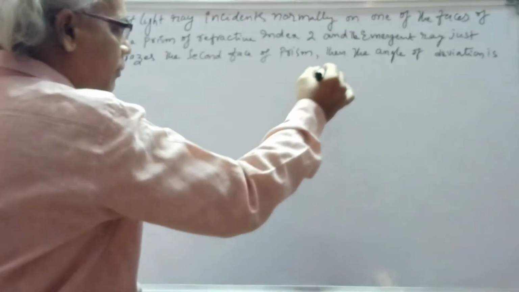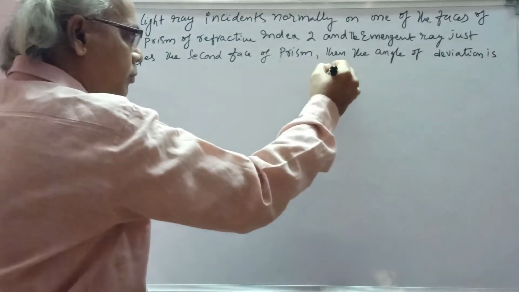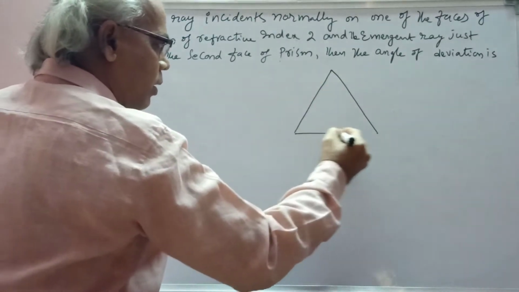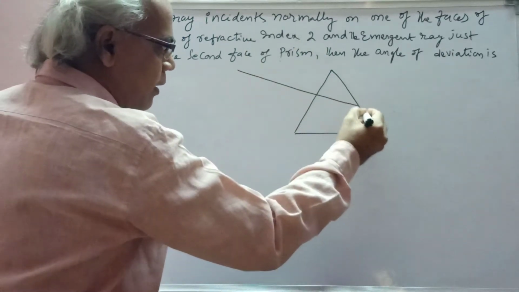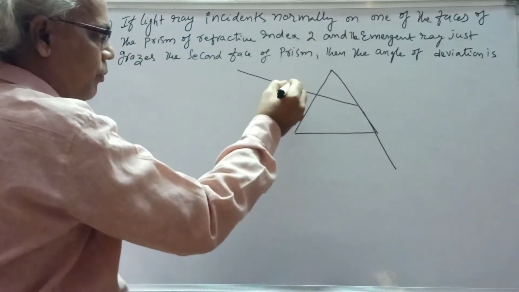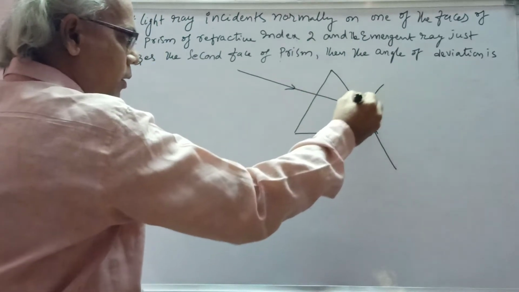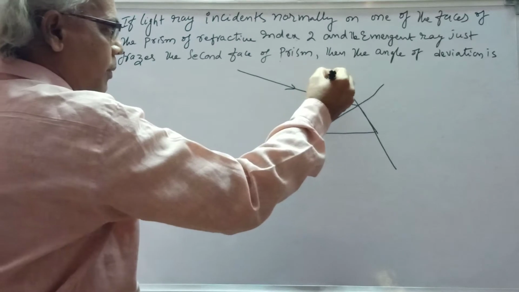Here, normal incidence and grazing the boundary. It is the angle of prism.